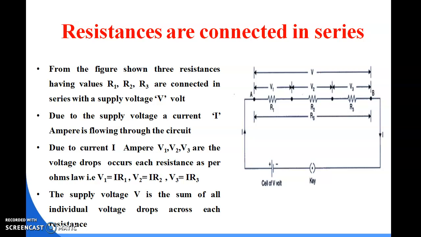In resistor 1 the voltage drop is V1, in resistor 2 the voltage drop is V2, and in resistor 3 the voltage drop is V3. That means the voltage drops occur in each resistance as per Ohm's law, that is V1 is equal to IR1, V2 is equal to IR2, and V3 is equal to IR3.